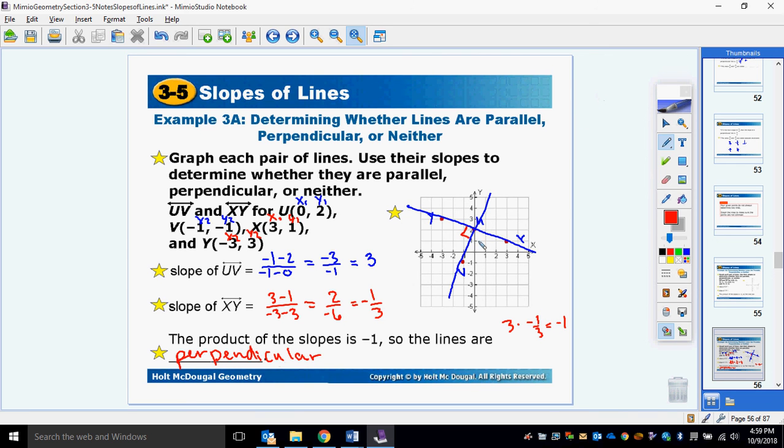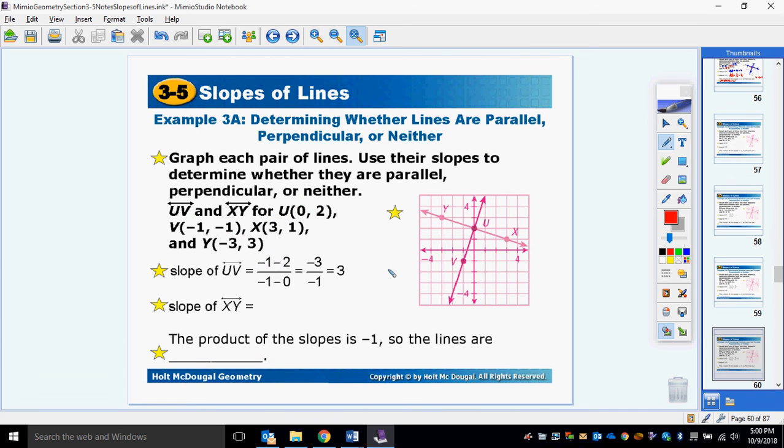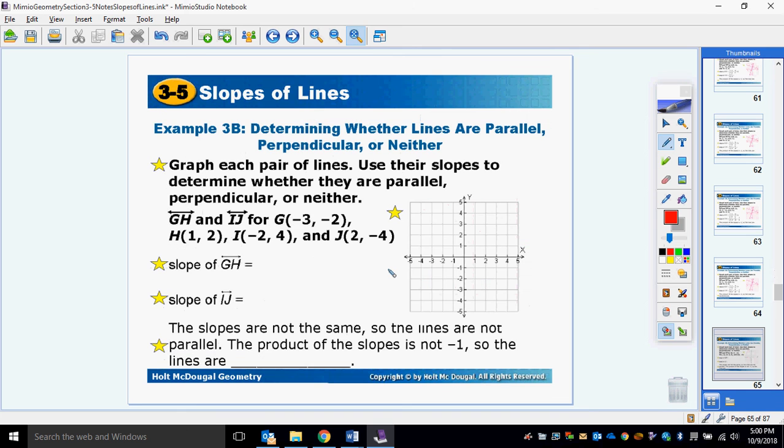Don't just trust the picture. Remember, don't eyeball it. Actually calculate for me the slopes. Okay, new points here. I have GH and IJ as my lines, so let's plot G at -3, -2.